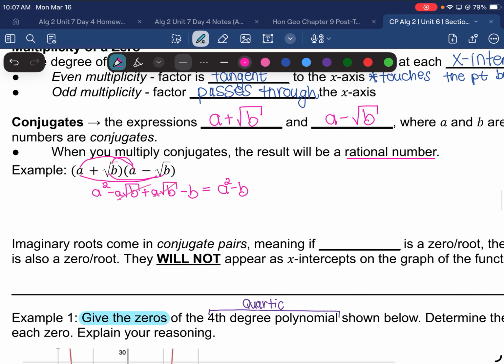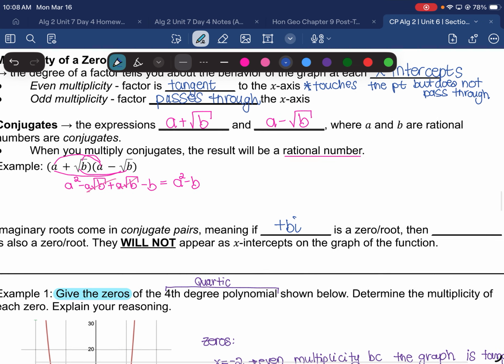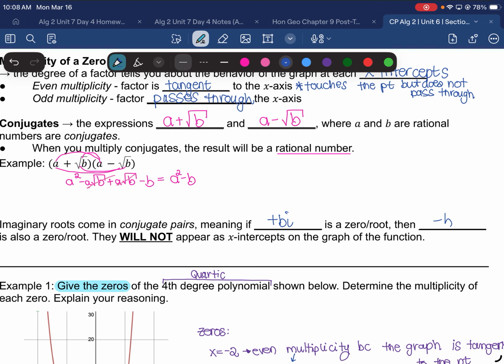Okay, so why are we doing this? Your imaginary roots are going to come in conjugate pairs, meaning if you have a positive bi, which is an imaginary number, as a zero or a root that I give you, then it's not going to be listed, but you're also going to need to consider the negative of that.